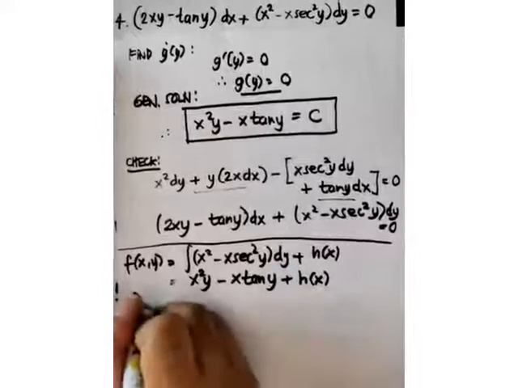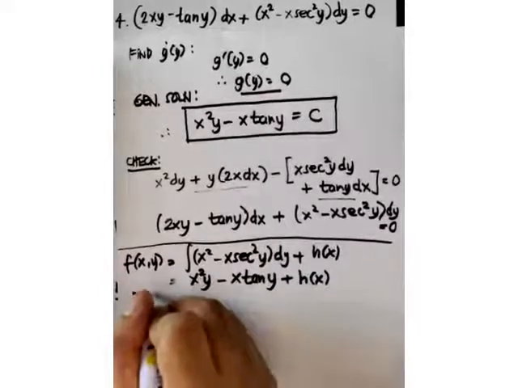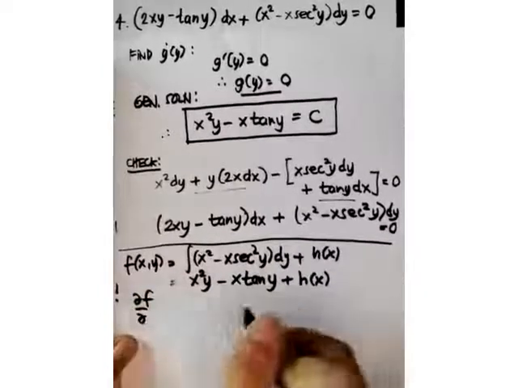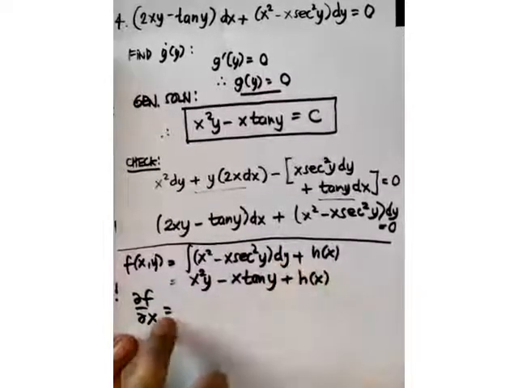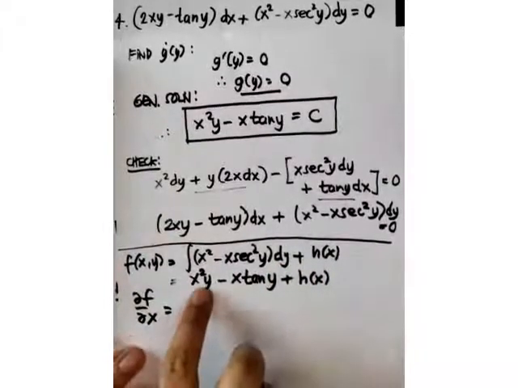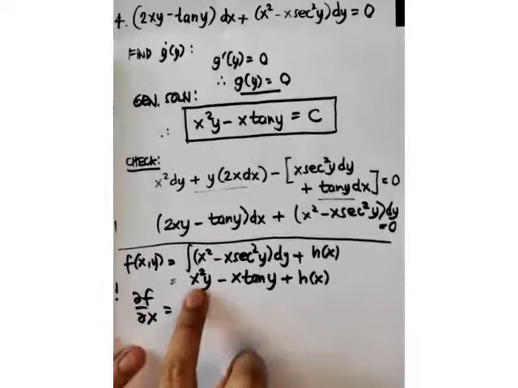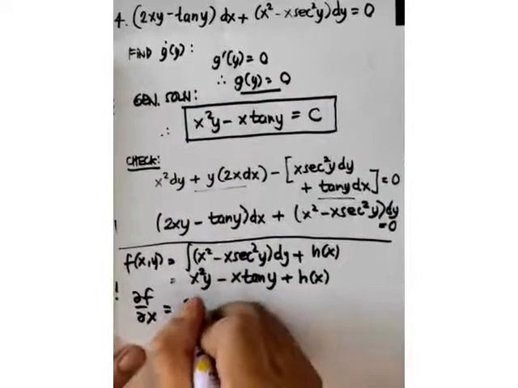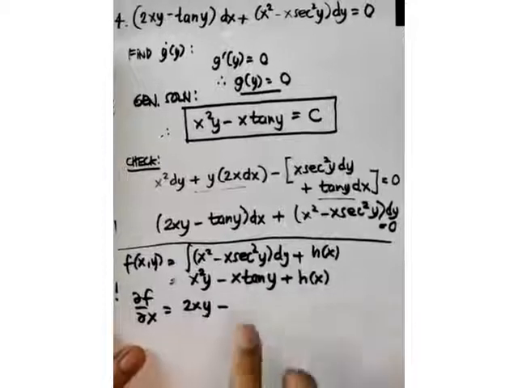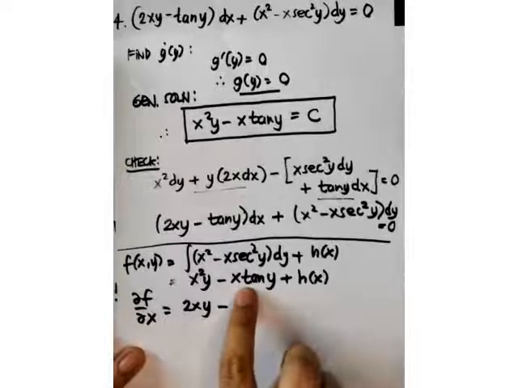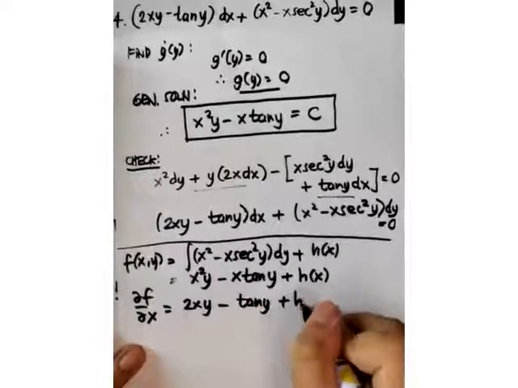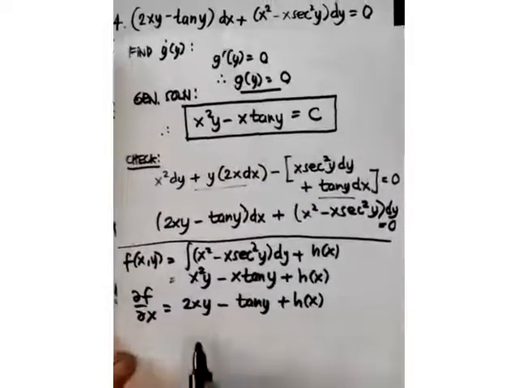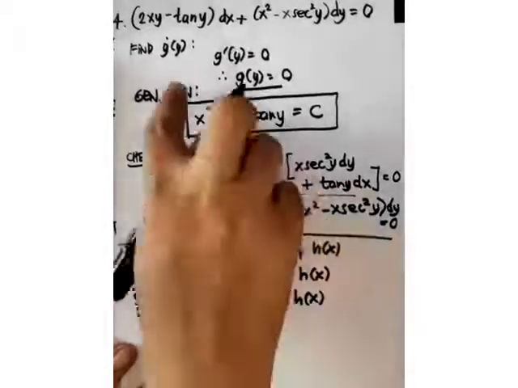And then, kunin natin yung derivative with respect to x. Kasi y natin siya in-integrate, diderive natin siya sa x. So, ano yung derivative nito in terms of x? So, that's 2xy minus tangent y plus h of x prime. And then, equate natin siya sa m.